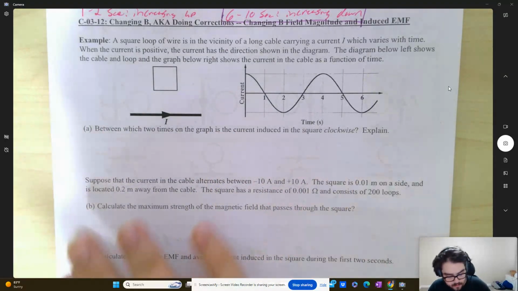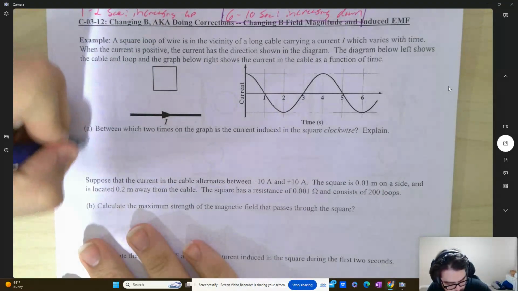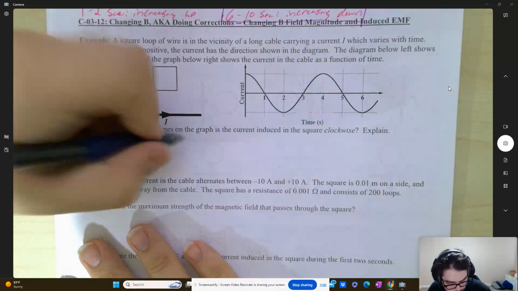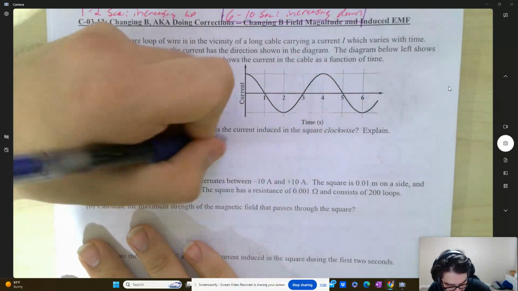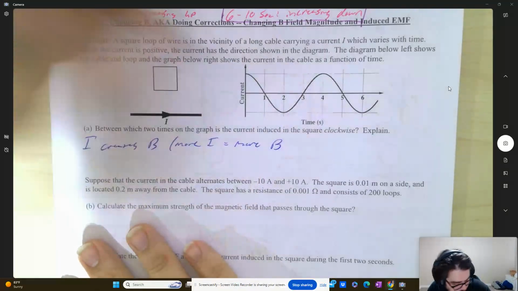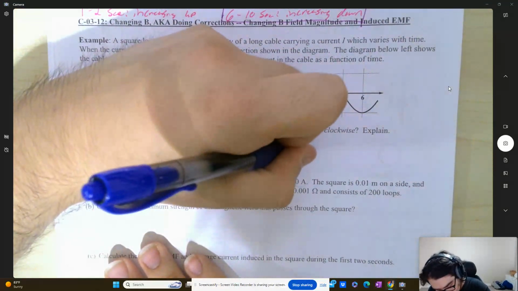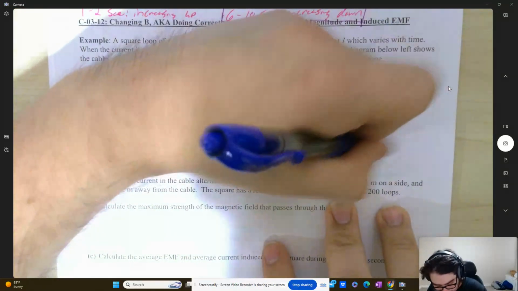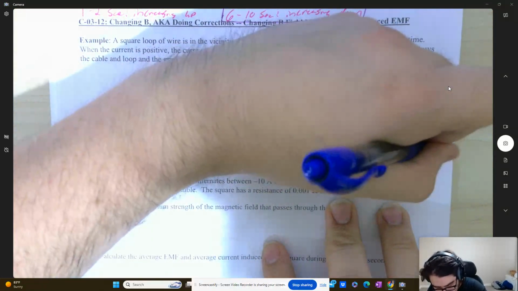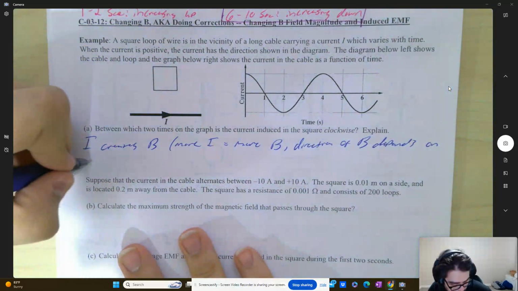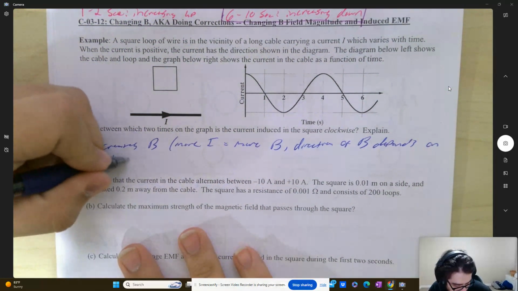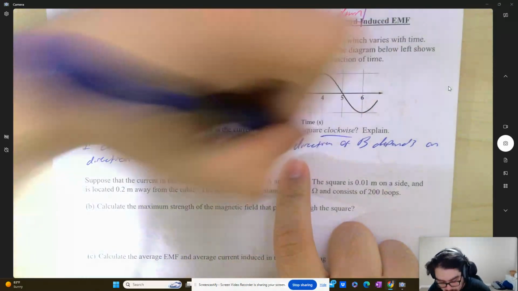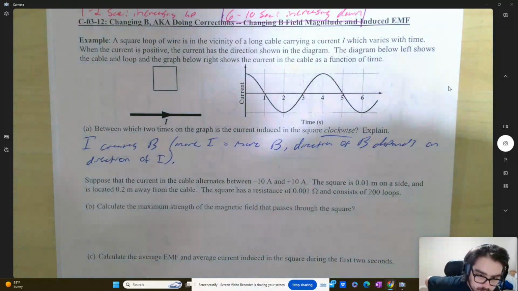Well, we have to understand that I creates B. Current creates a B field. More current equals more B field, and the direction of B depends on the direction of I. So to get the current in the square to be clockwise, we would just use our hand rule.